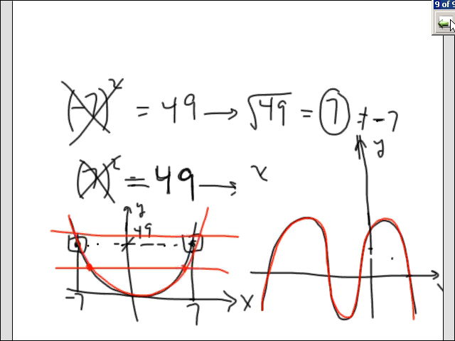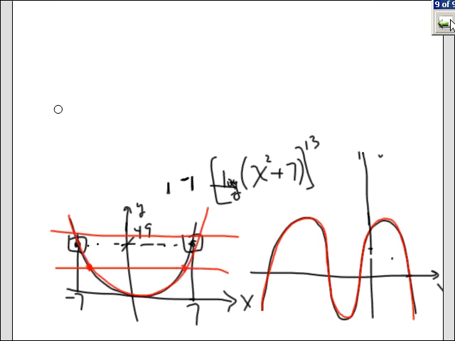You took what was in the brackets and in the calculator you squared it and you added 7 and then you took log of that and then you raised it to the 13th power. Let's make believe that that's the graph of log of x squared plus 7 all raised to the 13th power. Let's just make believe that's the graph. Well, it doesn't matter. Whatever you did, you can always draw a graph of what you did.